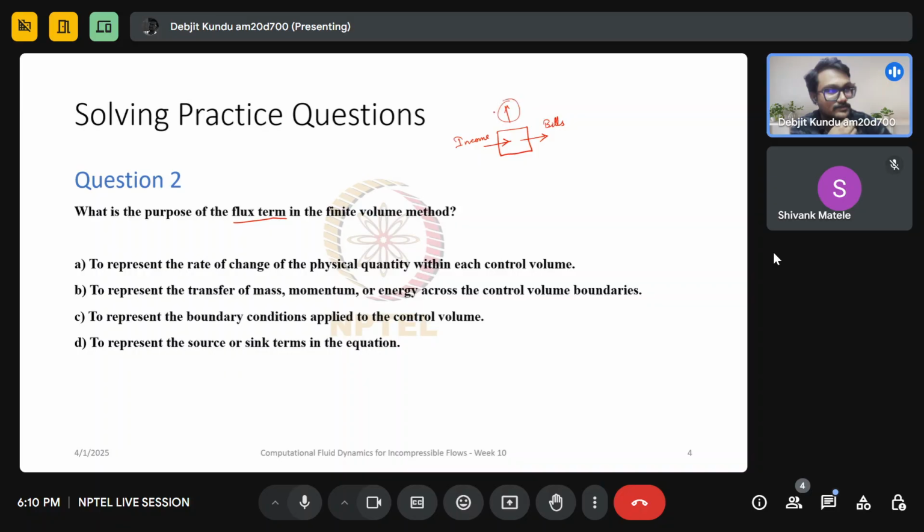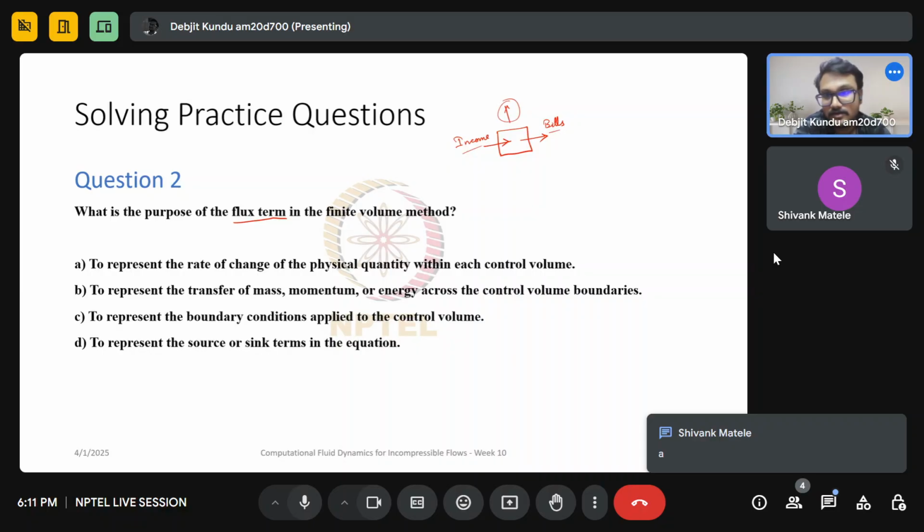So this going up, this is the rate of change. So if that went up, that means there's a positive rate of change, right? And these are the transfers, the things which come in and go out. For a steady state problem, you can say that these two things, A and B, might be the same. But for unsteady cases, it's not so.